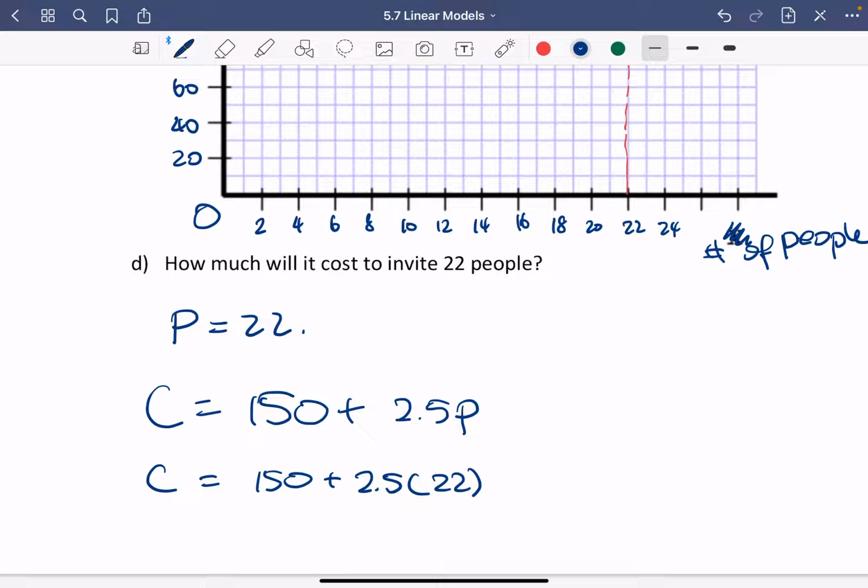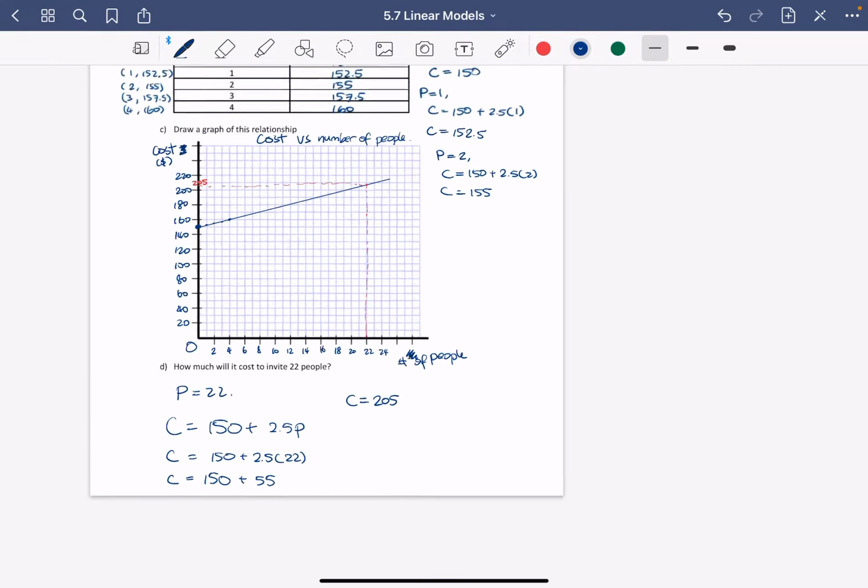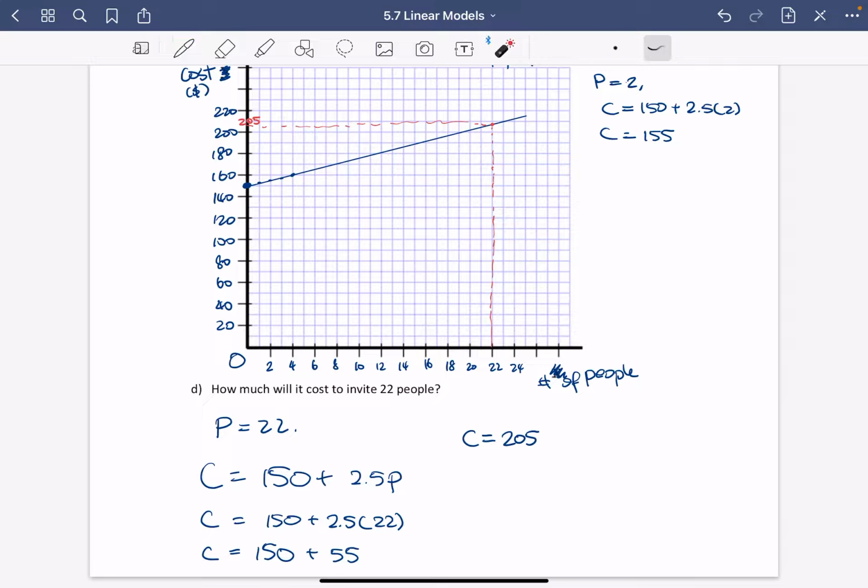And you can find that C is equal to 150 plus 55, which is 205.